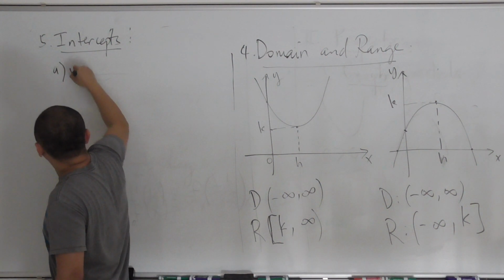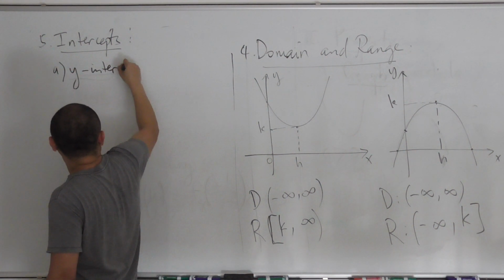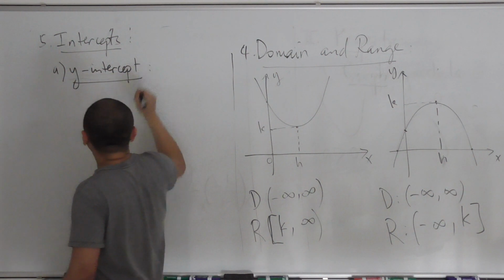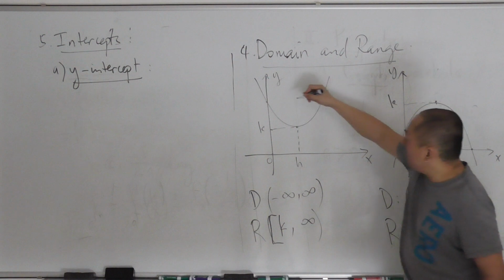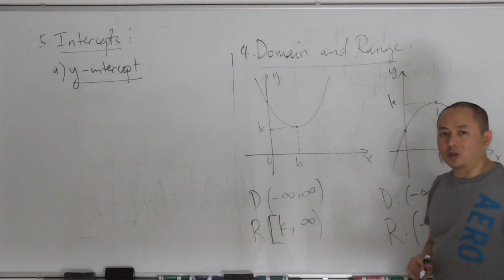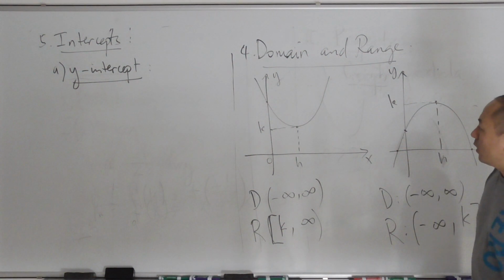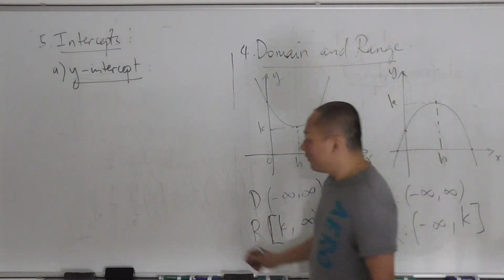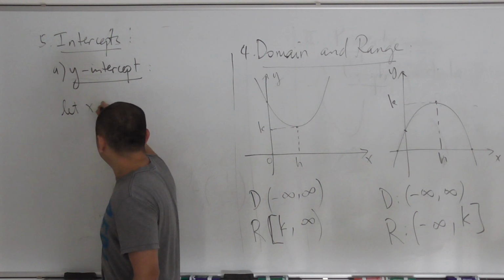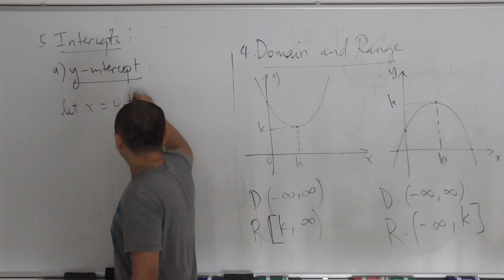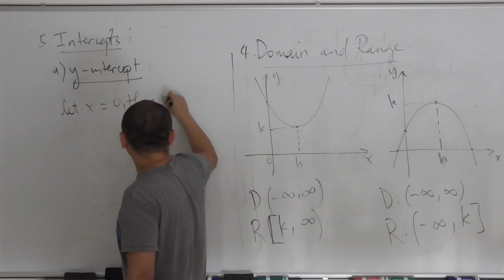The y-intercept is a point where the graph intersects the y-axis. So any point on the y-axis is going to have x-coordinate equal to 0. In order for us to find the y-intercept, you can let x equal 0, then calculate y, or solve for y.